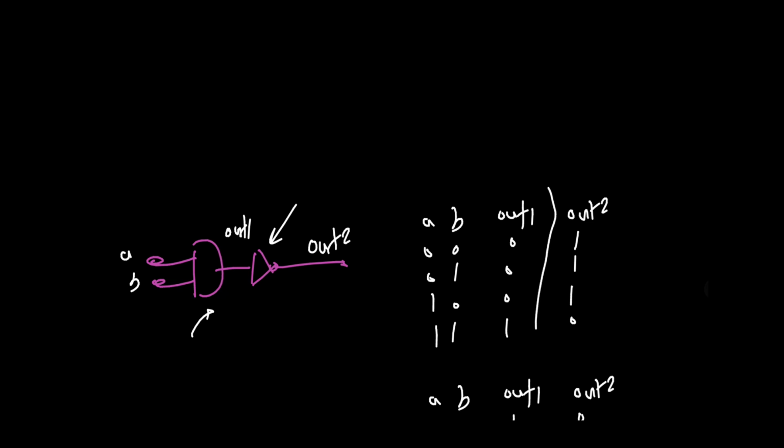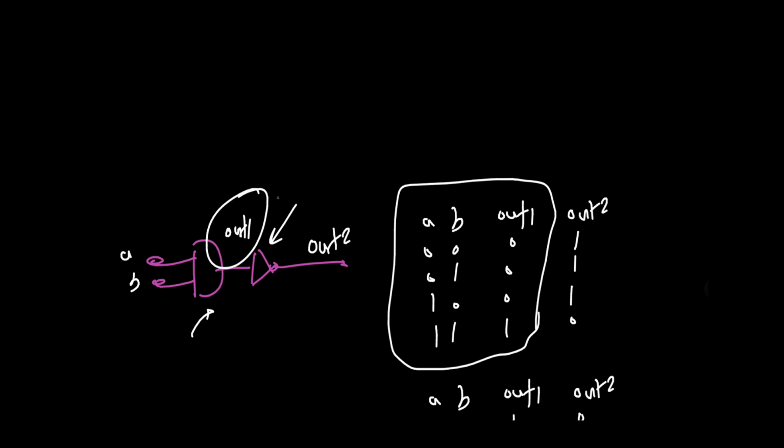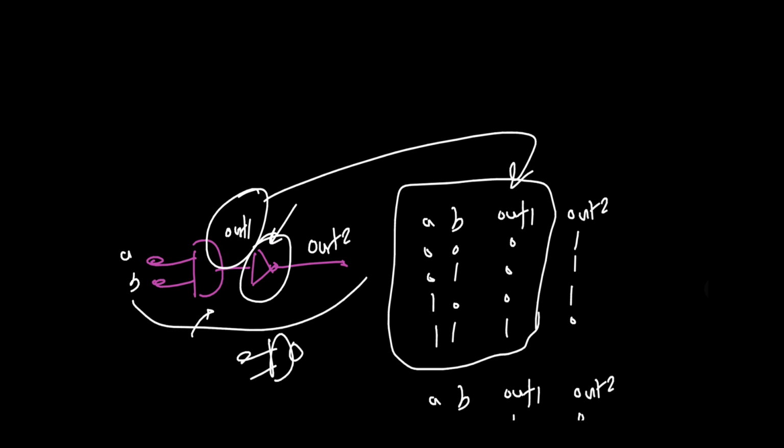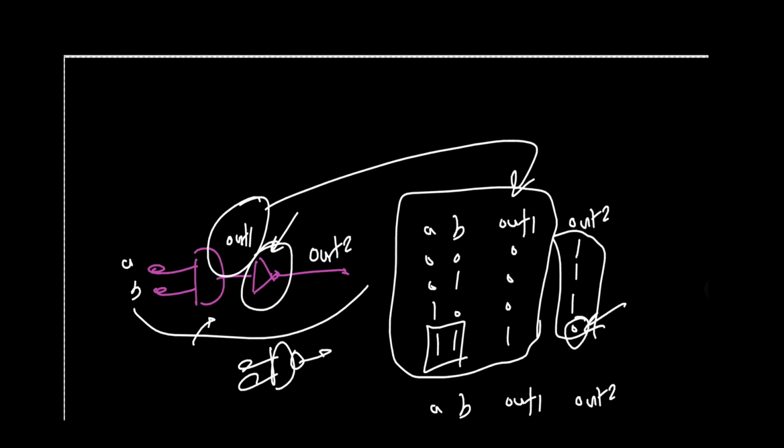For example, you already know that this is the truth table of the AND gate, right? This is the output. If we just NOT all the values, then the corresponding circuit would be called a NAND gate. So we say the truth table of a NAND gate is like this: the output is equal to 0 when all the inputs are equal to 1. Otherwise, the output is equal to 1.